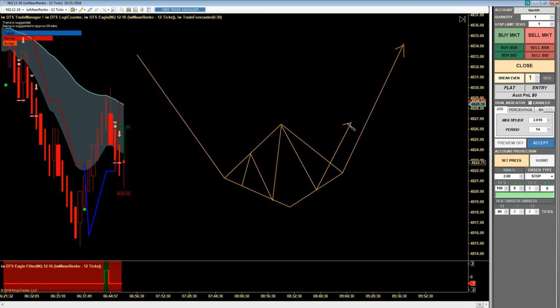Well, do you see what's happened here? We've got a test of the extreme. Right? We've made a new swing high, or we've broken the swing high. We've made a higher swing low. In other words, we've tested the extreme, and then the market breaks out.